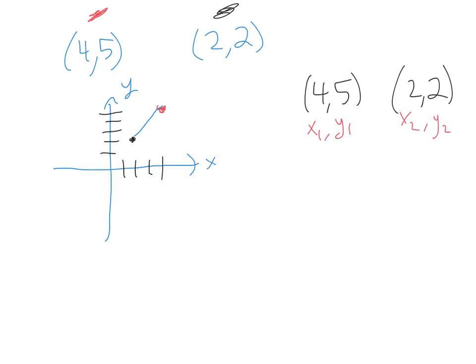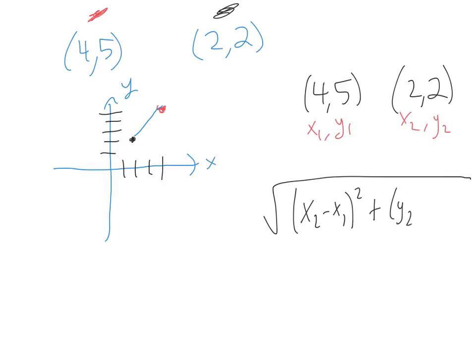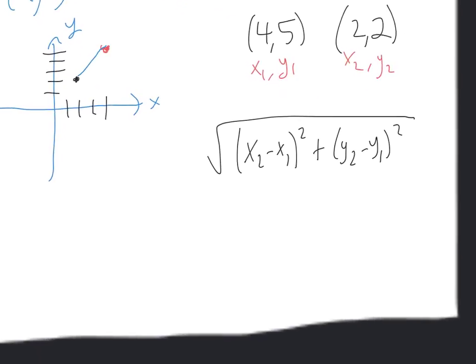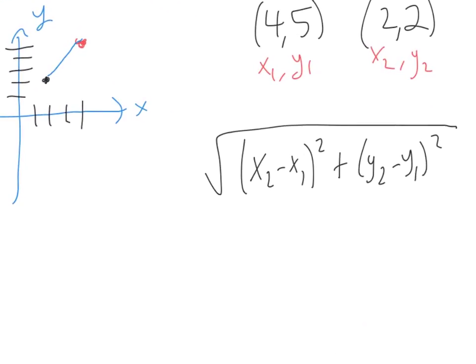Just to write that again, it was square root of x2 minus x1 squared plus y2 minus y1 squared. And now it just becomes a matter of substituting in our points into this formula and working that down for an answer.